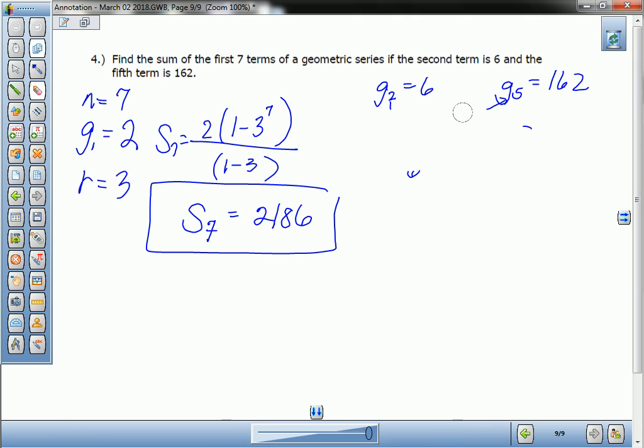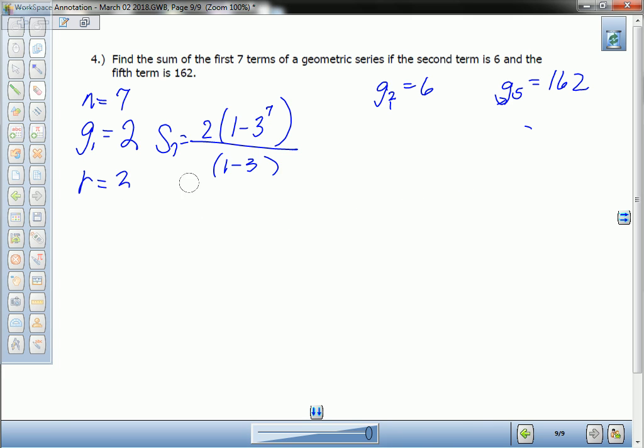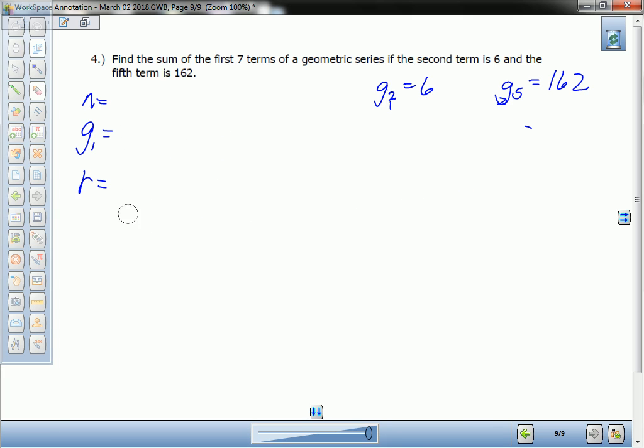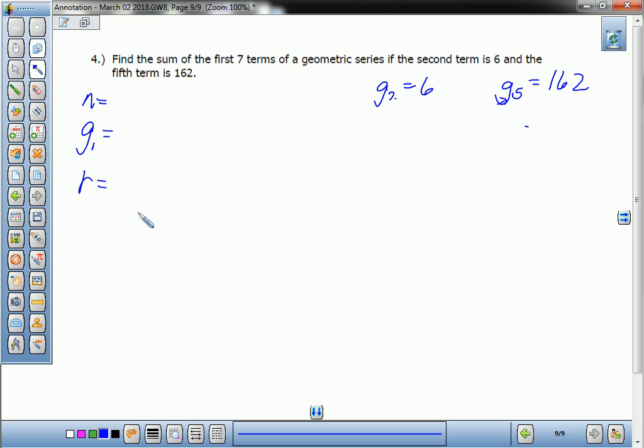Okay. Now, this one was trickier. Number 4. On number 4, you want the sum of the first 7 terms, so you know that's 7. And that's all you know. They didn't give you the first term. They didn't give you the common ratio. But they gave you enough information to find it. They give us the second and the fifth.